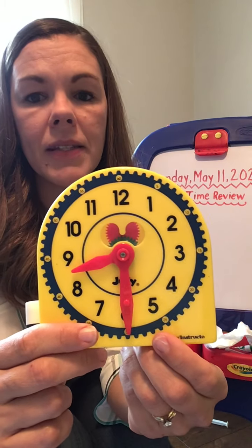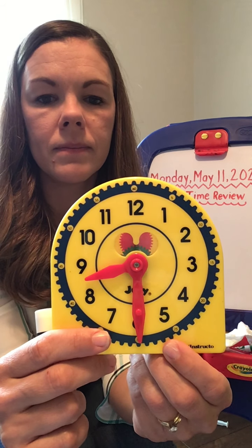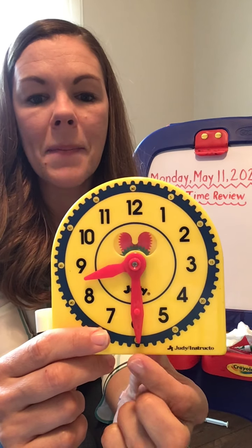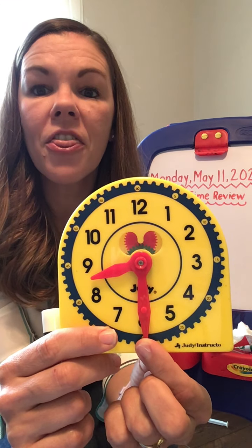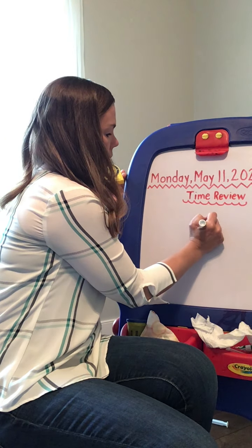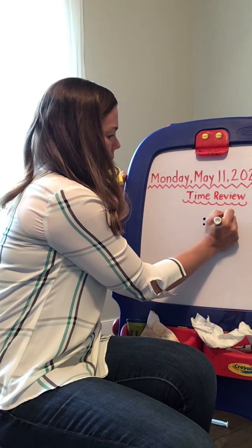See if you guys can figure out what time this is showing. So my minute hand is at the 6, which means that 30 minutes have gone by. So we're gonna do our dots and we'll write our 30 because 30 minutes have gone by.